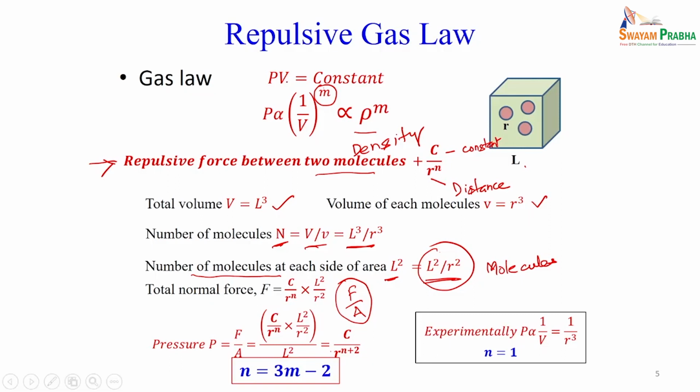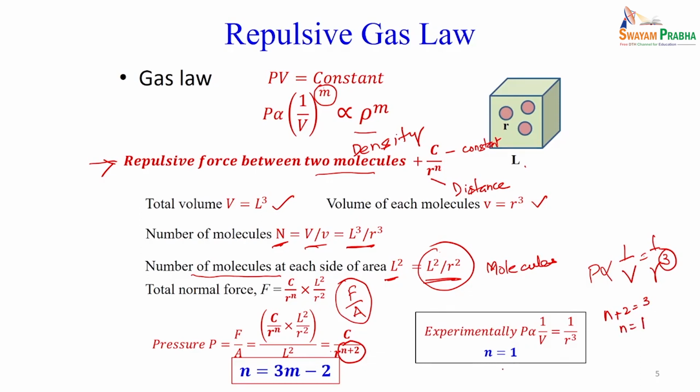Now let us go to the experimental. What does the gas law suggest? Gas law suggests P is equal to 1 upon V, and V can be written in terms of R cube. So this will be 1 upon R to the power 3. So if I compare R to the power n plus 2 and R to the power 3, it says n plus 2 is equal to 3, that means n equal to 1.